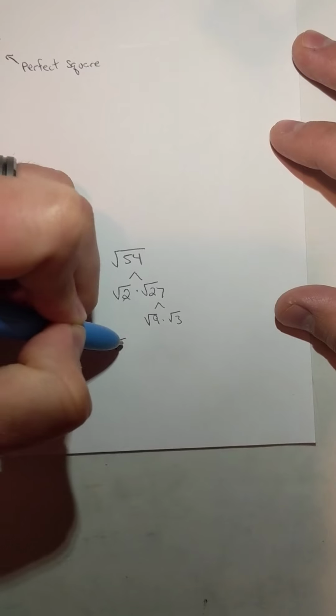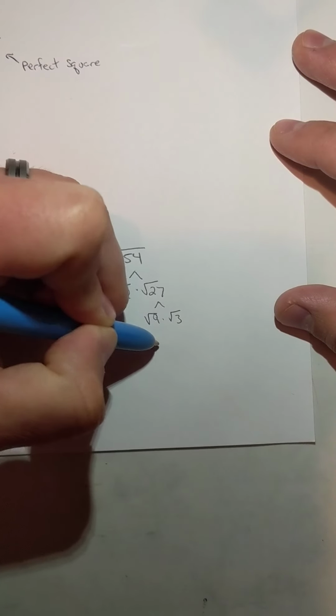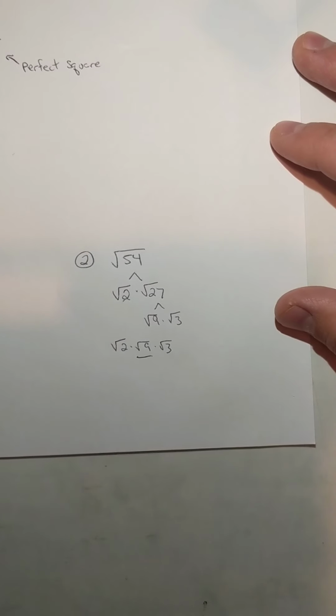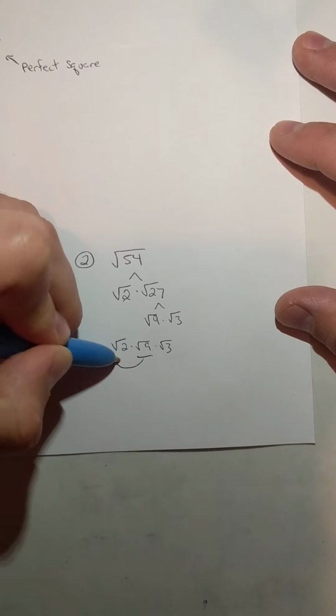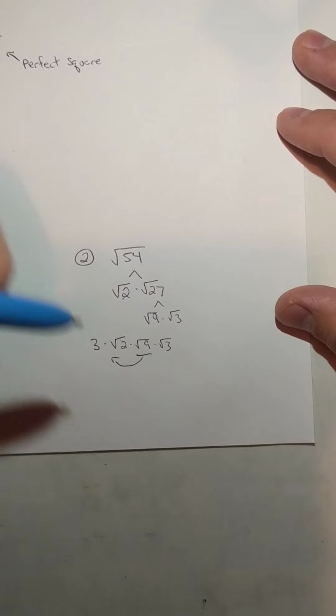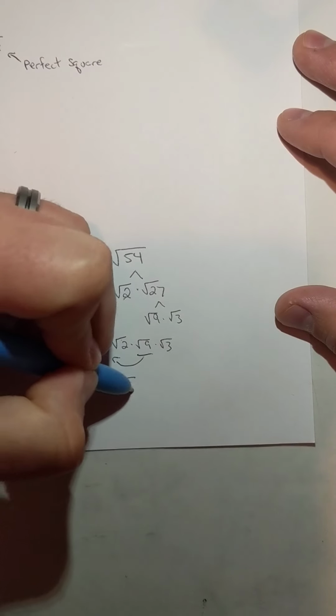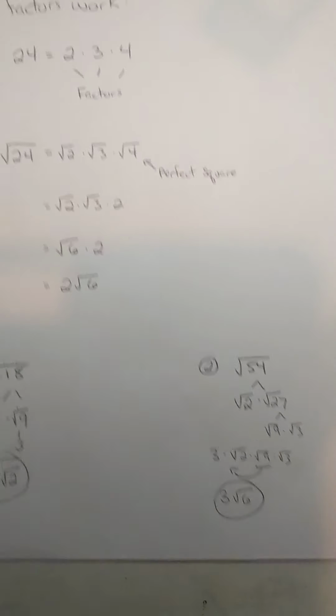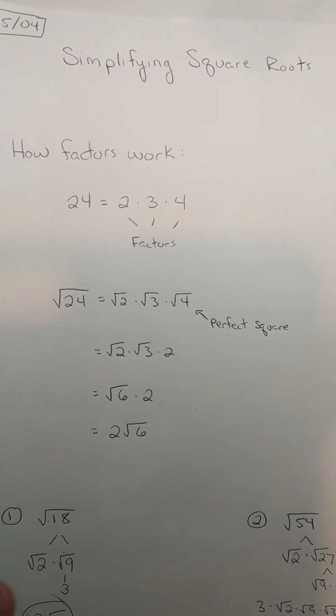So now I have the square root of 2 times the square root of 9 times the square root of 3. Well, the square root of 9 is a perfect square. That is the same thing as 3. So I'm just going to move it to the front because we want those coefficients in front of our radicals, and I get 3 root 6. So that's the premise of simplifying square roots.